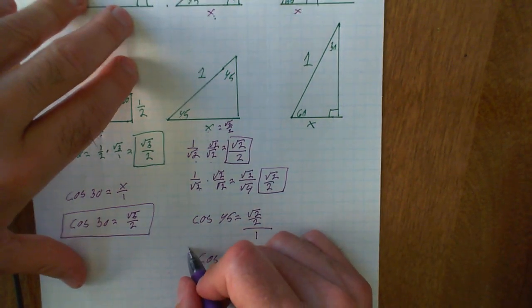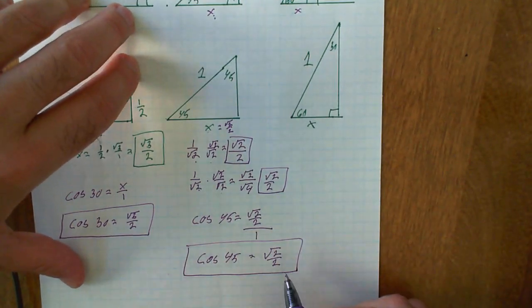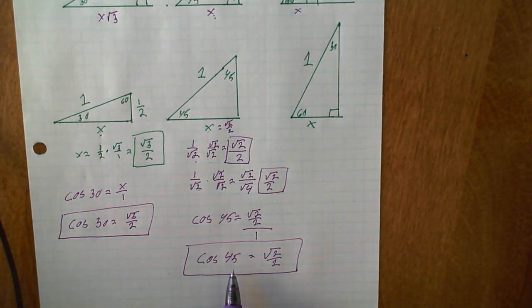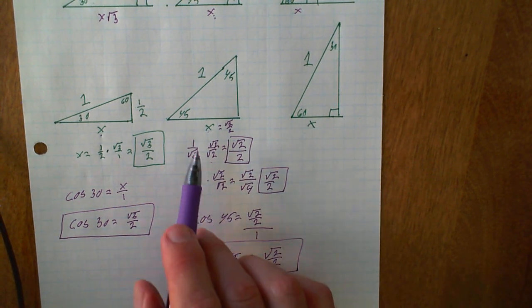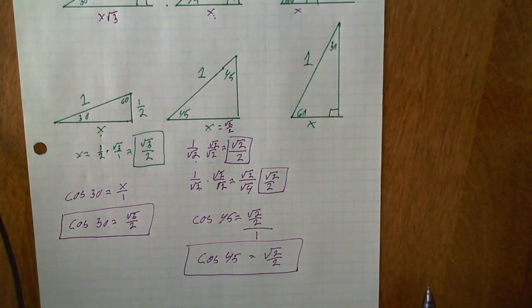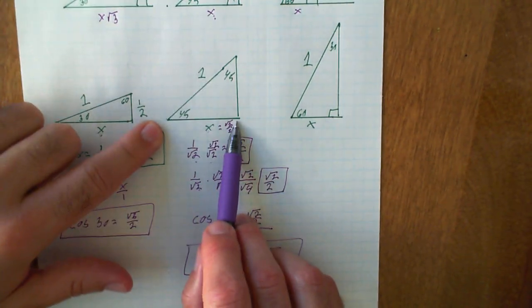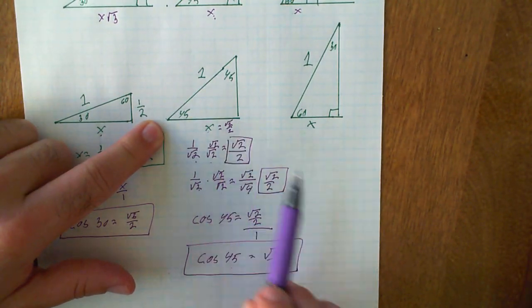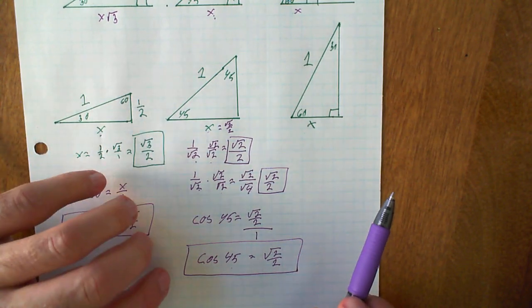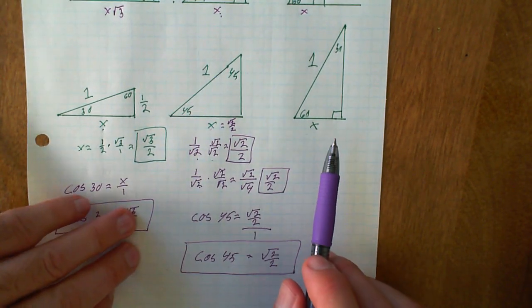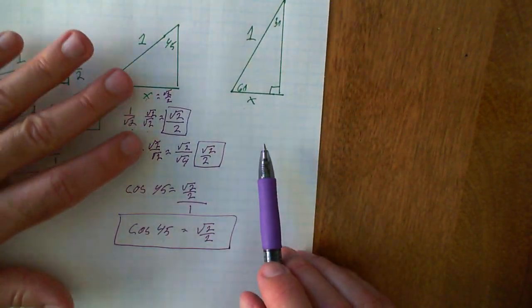Because when I divide by 1, that doesn't really matter. So the cosine of 45 is equal to the square root of 2 over 2 if my hypotenuse is 1. Okay, so the cosine of 45 is the length of this leg of the triangle. Now this all has to do with the hypotenuse being 1. Now let's look at our last one.